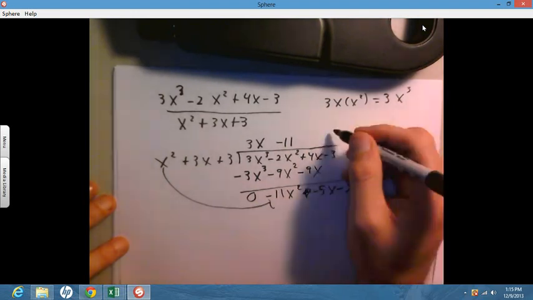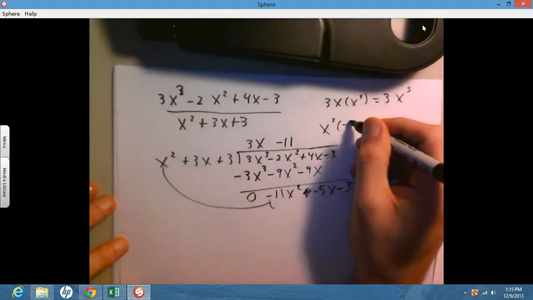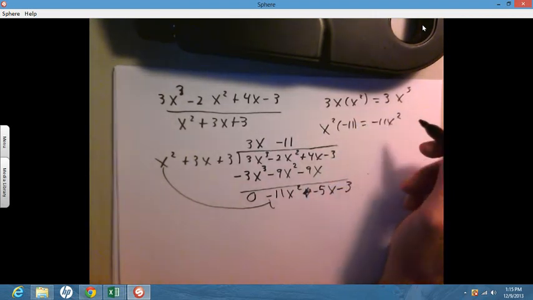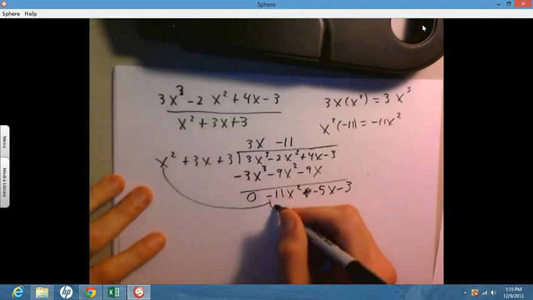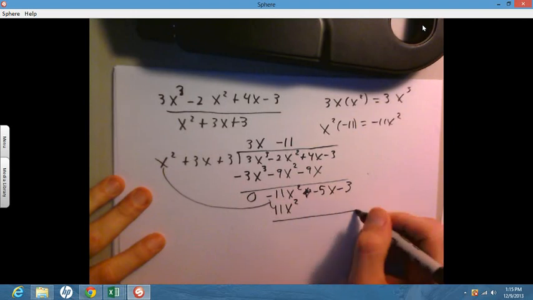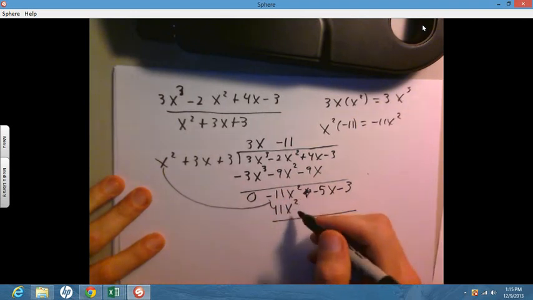It's negative 11 times, because x squared times negative 11 is equal to negative 11x squared. I flip the sign and I get a positive x squared, and so I'll keep going.